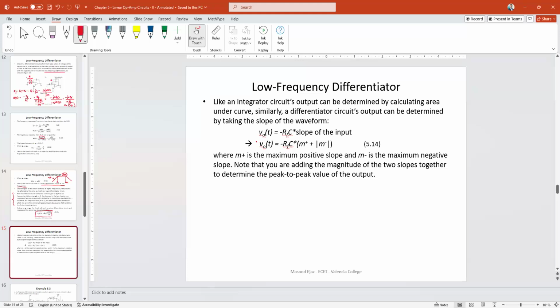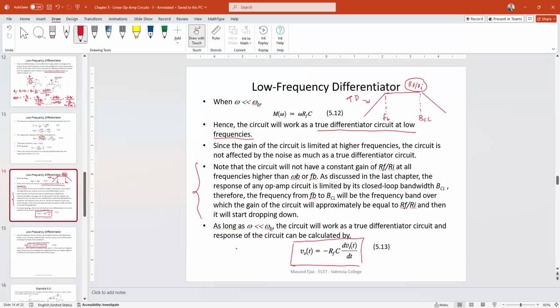To calculate the peak-to-peak value of the output, of course, the gain is negative RFC. The negative sign, of course, represents that the slope is going to be opposite of the input. And the derivative represents slope, remember, the slope of the input signal.